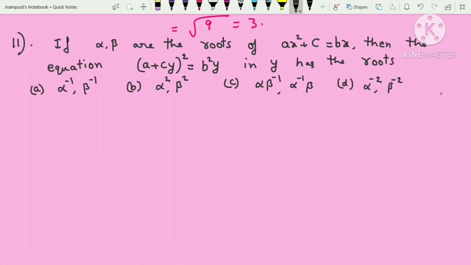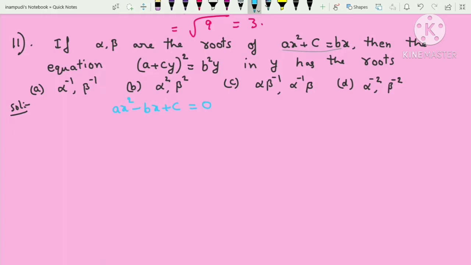Solution. The given equation can be written as ax^2 - bx + c = 0.